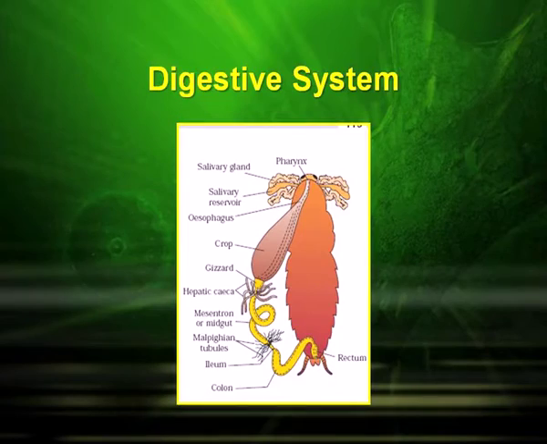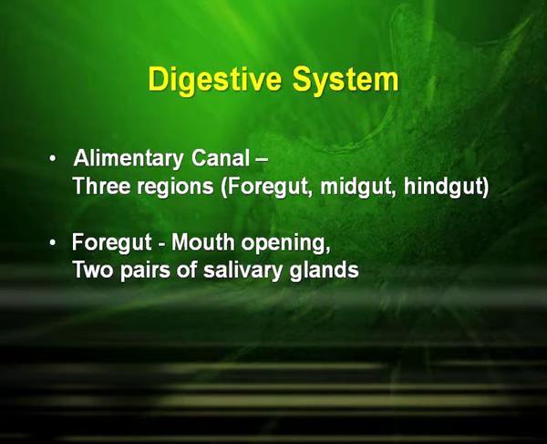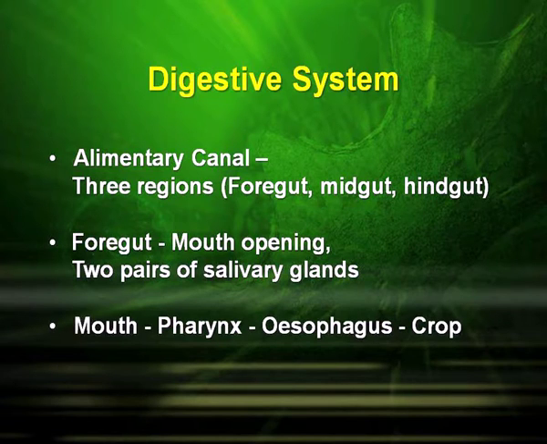Anatomy: the digestive system. The alimentary canal has three regions: the foregut, the midgut and the hindgut. The foregut is the mouth opening with two pairs of salivary glands. The mouth leads to the pharynx, which leads to the esophagus and then to the crop.